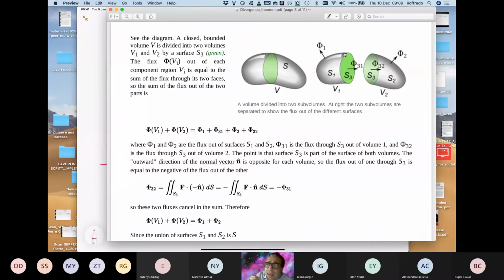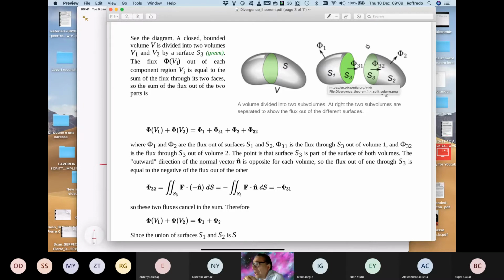By the way, when you cut this volume in this way, you have an edge here. You see? And you apply the definition of flux through this region, even if you have a jump of the normal there.